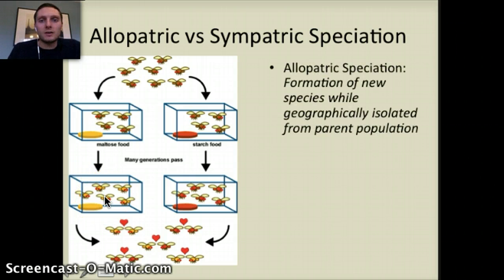A good definition is that allopatric speciation is the formation of new species while geographically isolated from parent populations. In nature, we see this occurring when environmental changes cause a geographic region to be split by a river, or the development of a mountain range, or a lake being divided into two separate ponds.